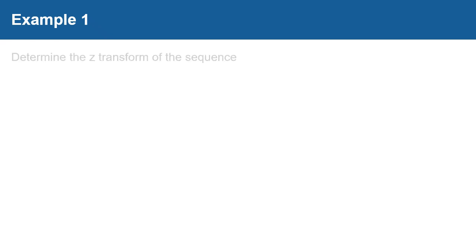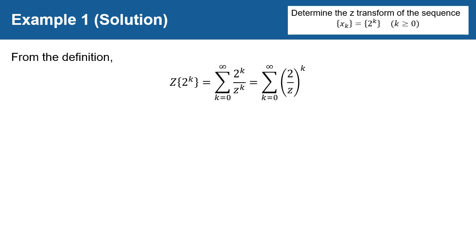Example 1: determine the z transform of the sequence x(k) equal to 2 raised to k, where k is greater than or equal to 0. For the solution of our example, from the definition, the z transform of 2 raised to k is equal to the sum from k equals 0 to infinity of 2 raised to k over z raised to k.